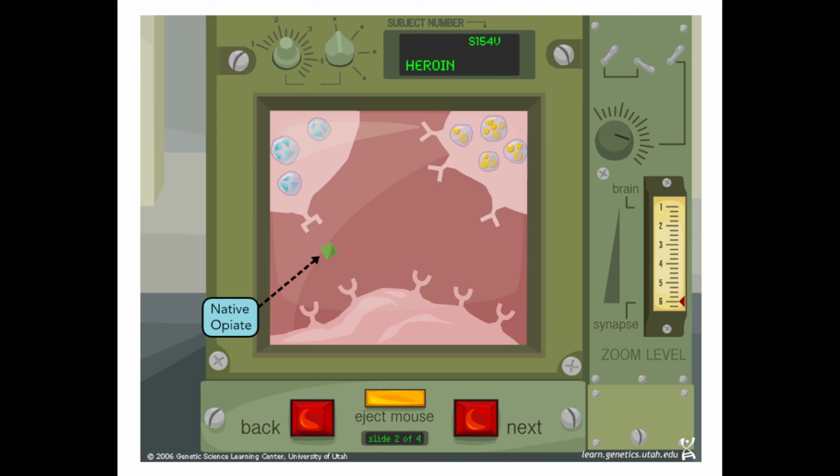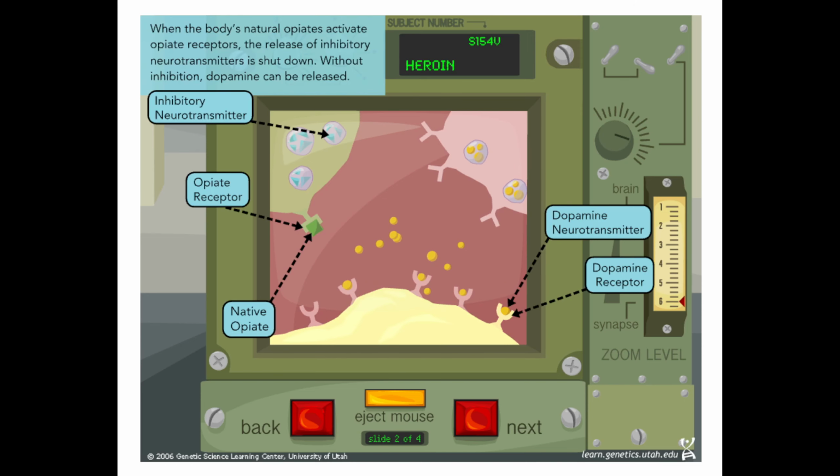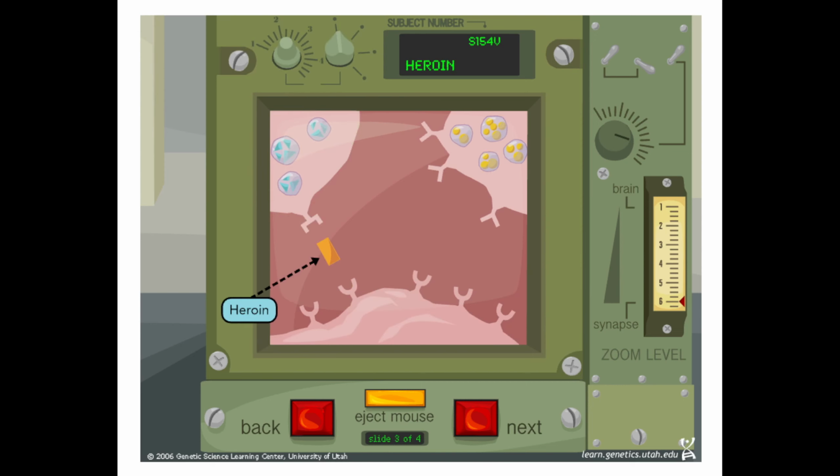Then what we see is our native opioids, the ones we naturally produce in our brain, like endorphins, come in and bind and stop those inhibitory neurotransmitters so that we get more dopamine because it's not being inhibited. That's the natural process of what happens in our brain. Basically, what the opioids that we ingest do is the same thing.